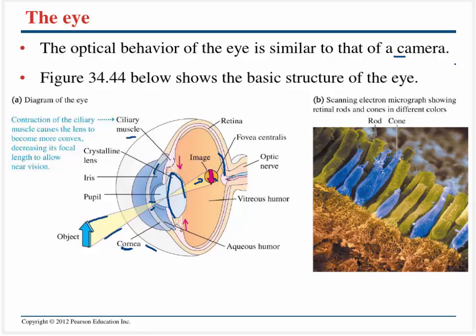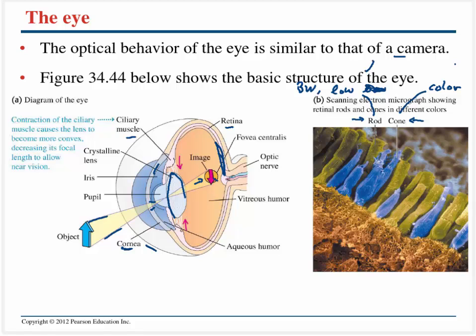That image is going to be picked up by photoreceptors on your retina. These photoreceptors are going to be in the form of rods or cones. Cones are going to give us color, and rods are going to be the black and white, and also when we have low light.